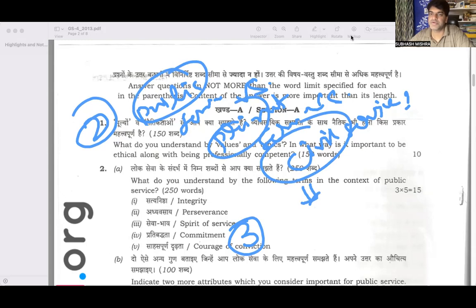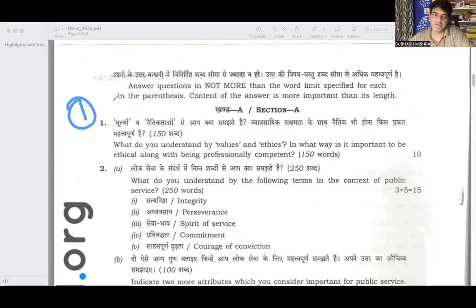Versus means you have to see the difference. Now see, service is there, so you have servant also. Who are public servants? What is the definition of public servant? Who are civil servants? Then who are private servants? Okay, so these are the things.